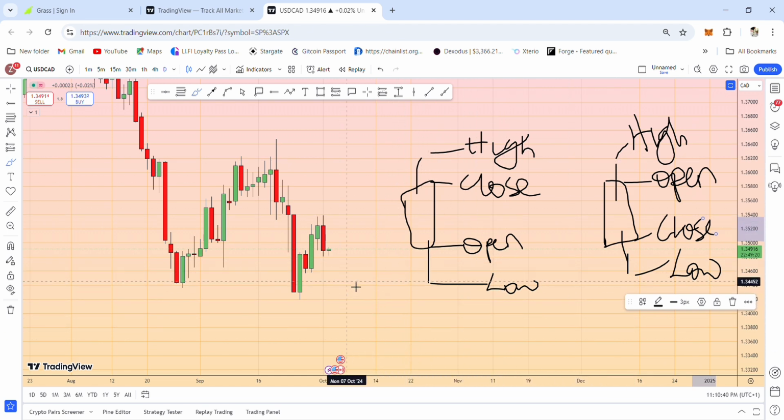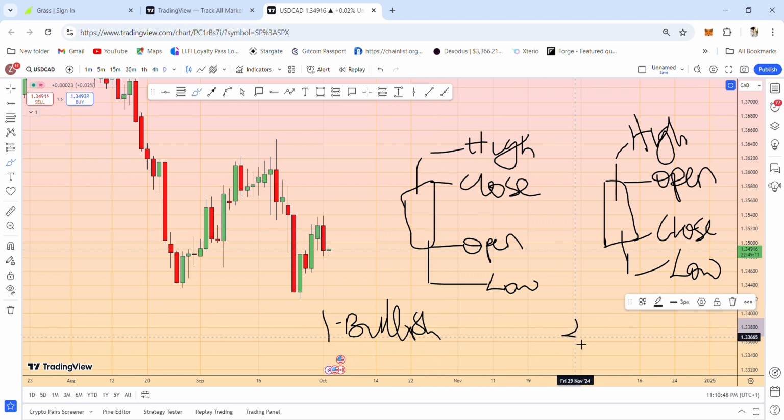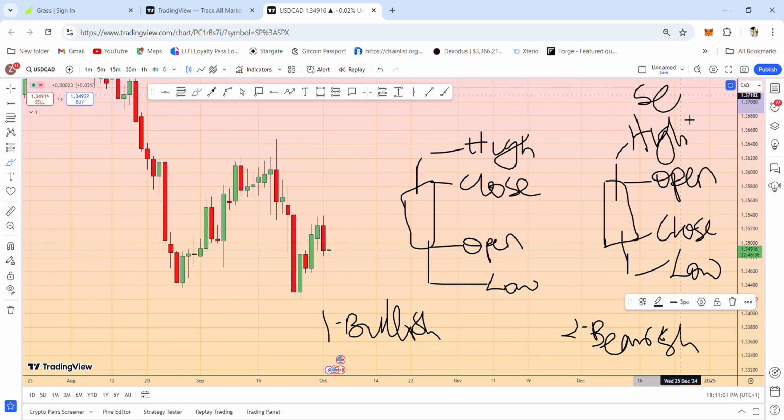Now this particular one is called the bullish candlestick. The second one is called the bearish candlestick. So this candle is a sell candle. This is a buy candle.